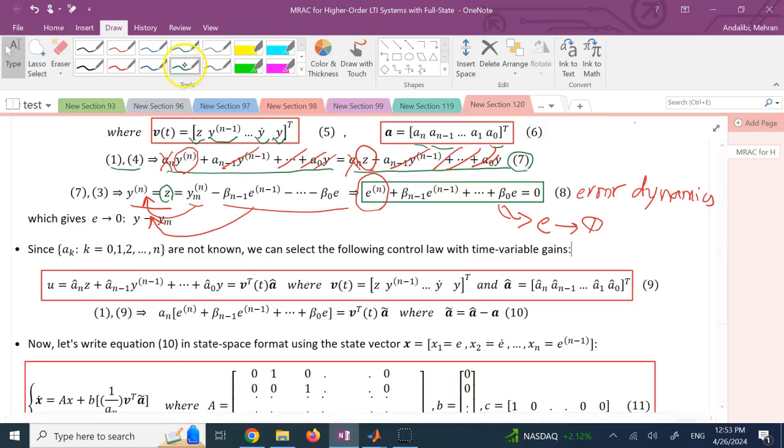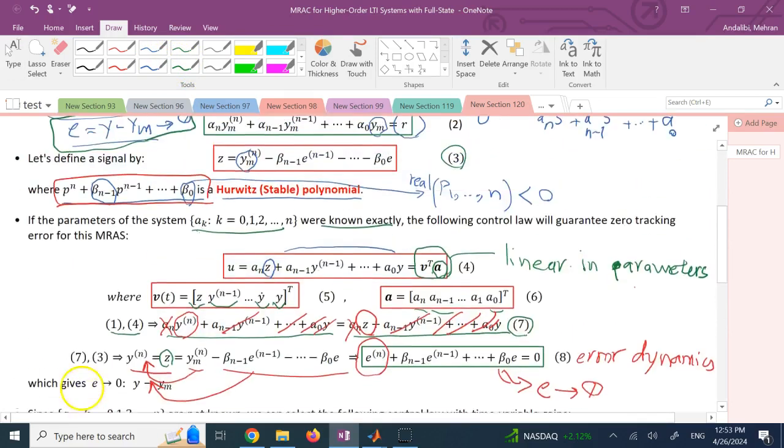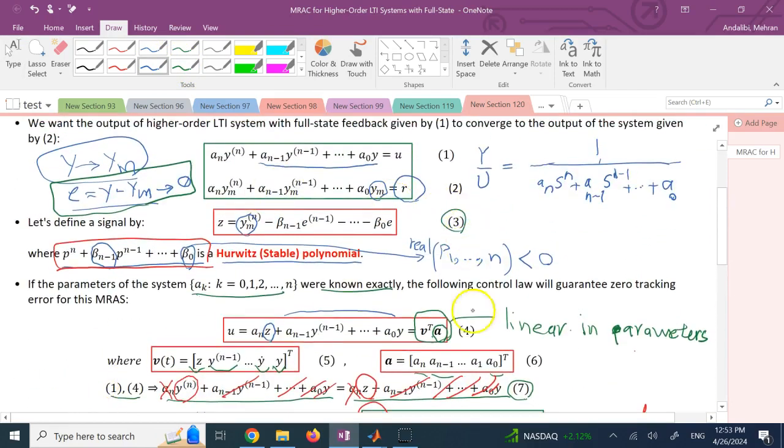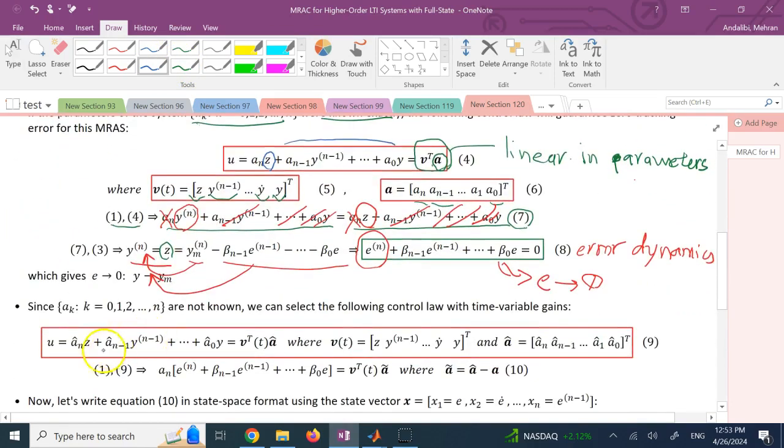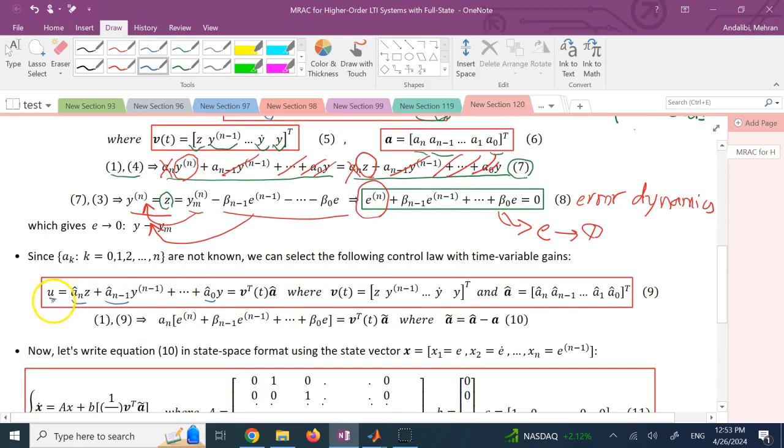The answer is the exact same thing as last time, except these a coefficients that I had in equation 4, now they're going to be replaced by a hat. Why? Because these are the estimates we have for these a's. So my u can be written as v times vector a hat, okay?